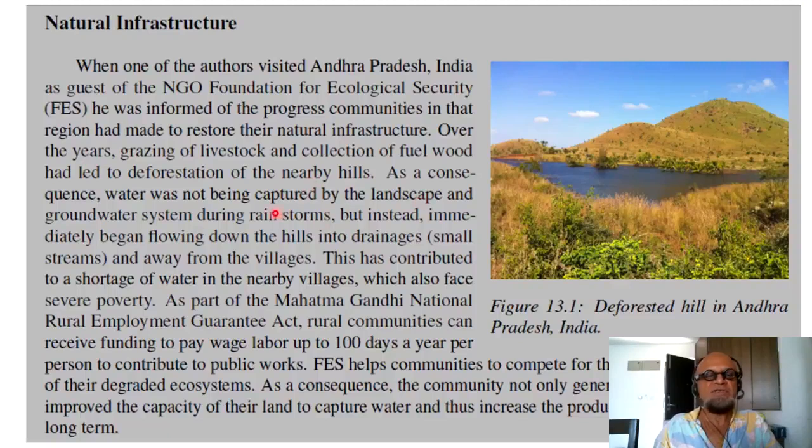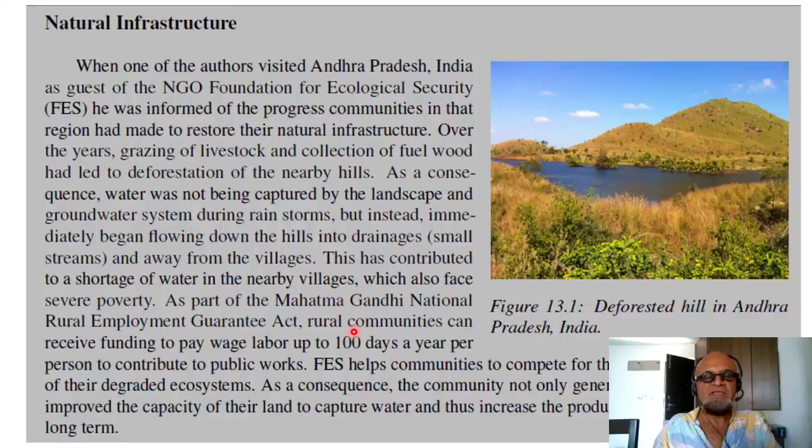As a consequence, water was not being captured by the landscape and the groundwater system during rainstorms, but instead immediately began flowing down the hills into drainages, so small streams, and away from the villages. This has contributed to a shortage of water in the nearby villages, which also face severe poverty.